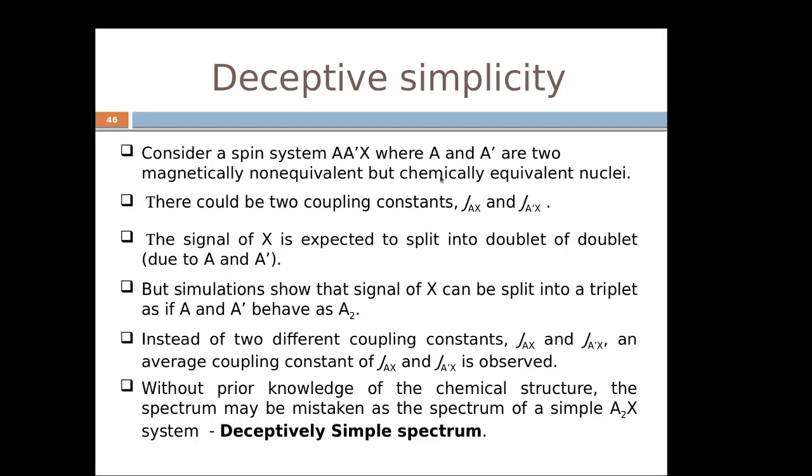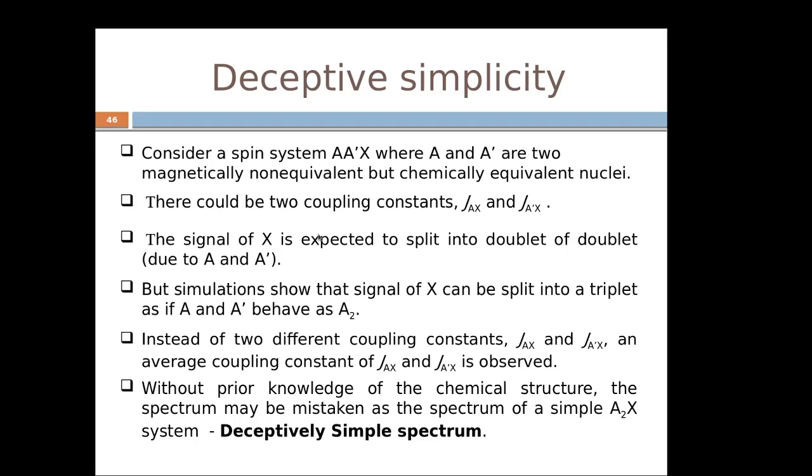So A and A' are chemically equivalent nuclei. They show up in the spectrum at the same frequency, but they are magnetically non-equivalent because A and A' couple with the X nucleus to different strengths. So we can have two different coupling constants, one representing the coupling between the A nucleus and X nucleus, and another representing the coupling between the A' nucleus and X nucleus, okay.